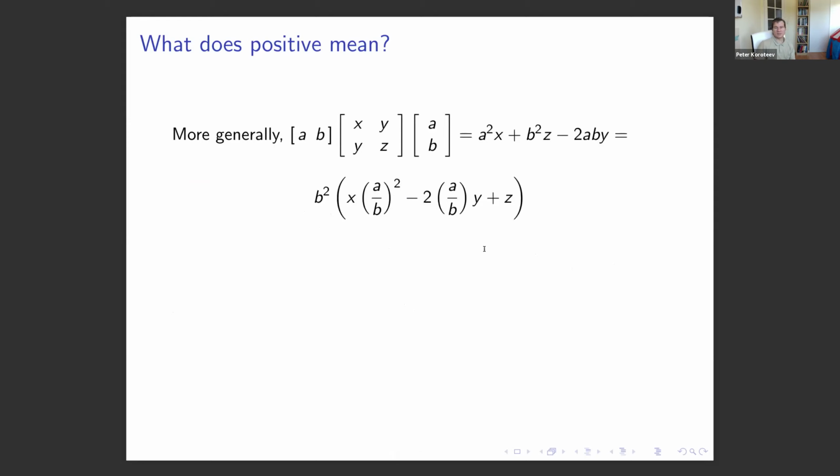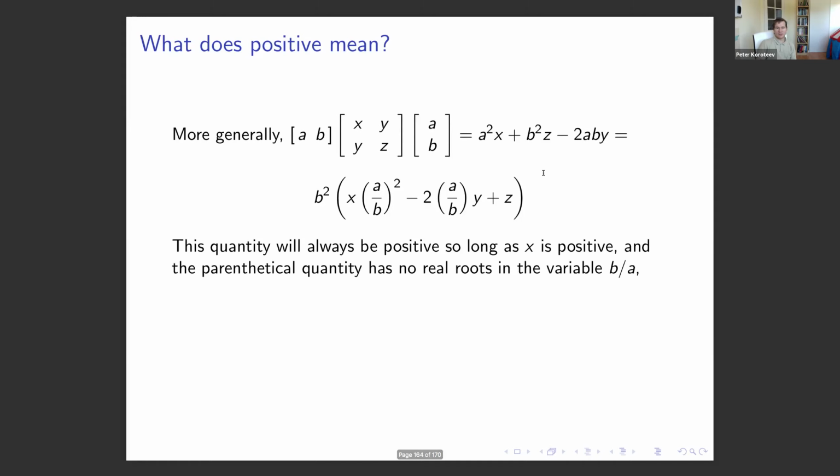More generally, if you have a 2 by 2 matrix, it needs to be symmetric, right? So it only has 3 independent components, x, y, and z. Then (A, B) times the matrix with x, y, y, z and (A, B) column is equal to a quadratic polynomial, which you can write as b squared multiplied by (x (a over b) squared minus 2 (a over b) y plus z). The quantity will always be positive so long as x is positive, because it multiplies the square.